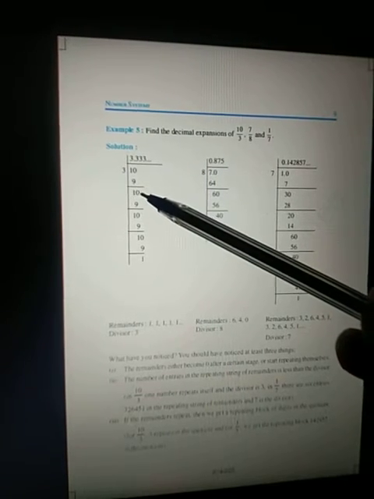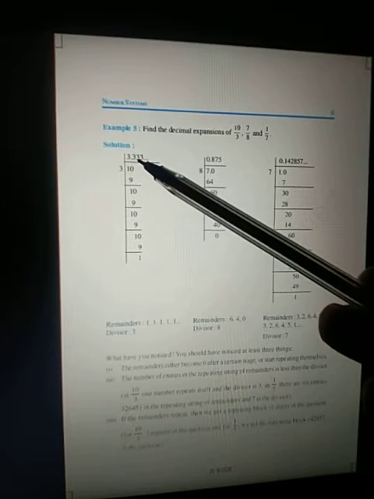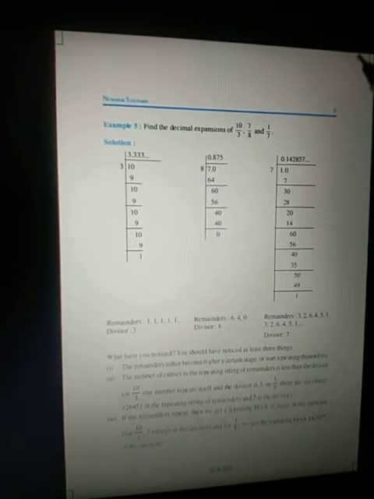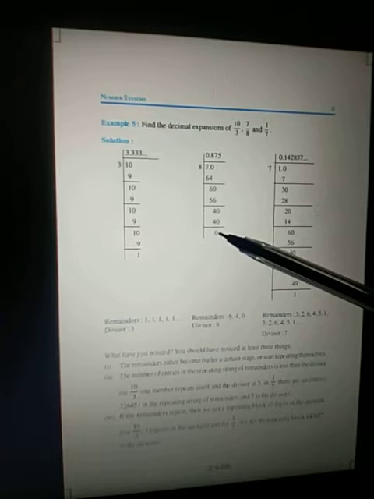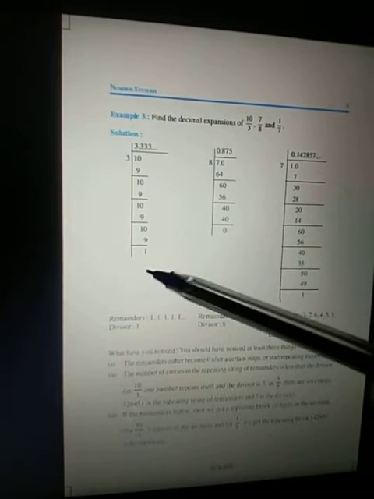Here you can see 1 and 1, and in the decimal expansion we keep putting in zeros. If the remainder repeats, then we get a repeating block of digits. Whatever values we substitute for 10 by 3, we will keep on getting 3.333 and it goes on.